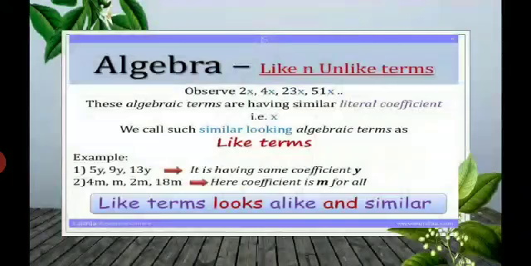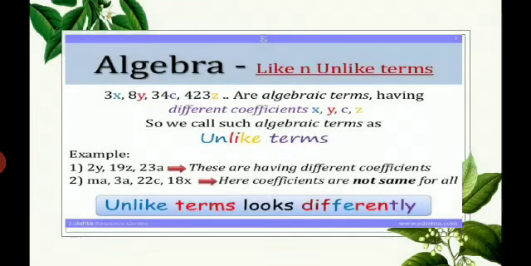In the example I have written there, there are y and m. If each term has the same coefficient, then they are called like terms. Unlike terms, like in the first example, 3x, y, 34c, are algebraic terms having different literal coefficients x, y, c and z, so they are called unlike terms.